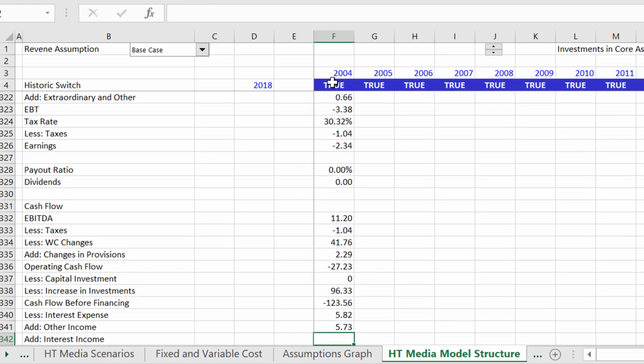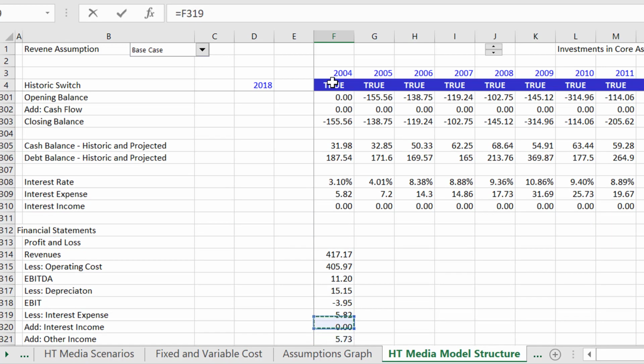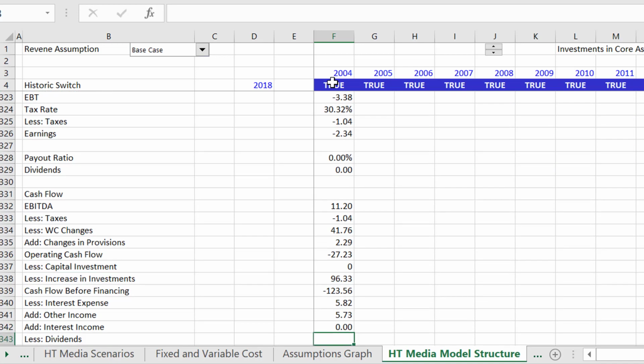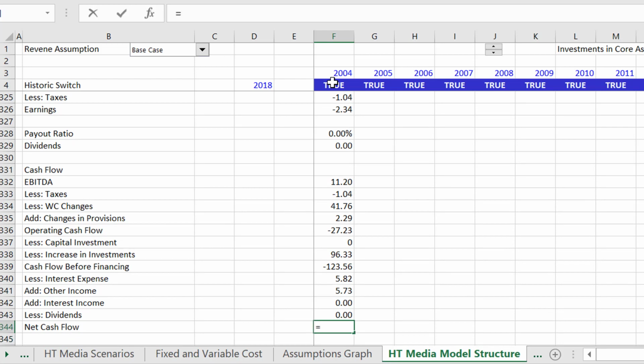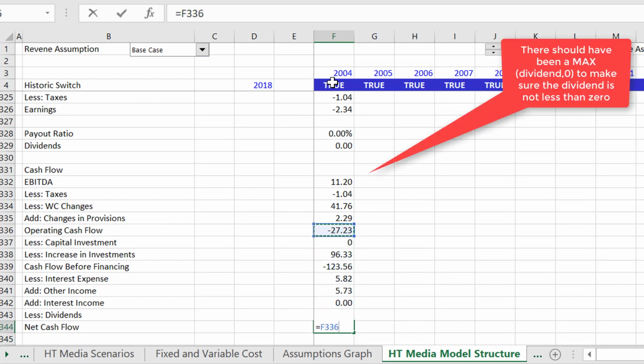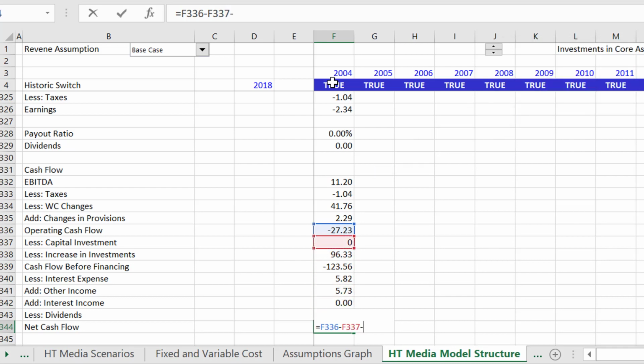Now we should have hopefully identified just about everything we have, everything that's on the income statement and the balance sheet, and there's dividends between. So our net cash flow is our operating cash flow, and I think if it says less, you put a minus.